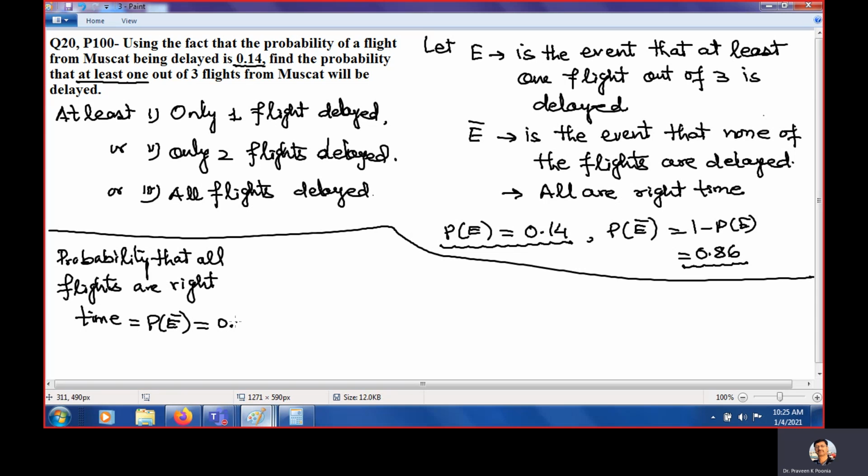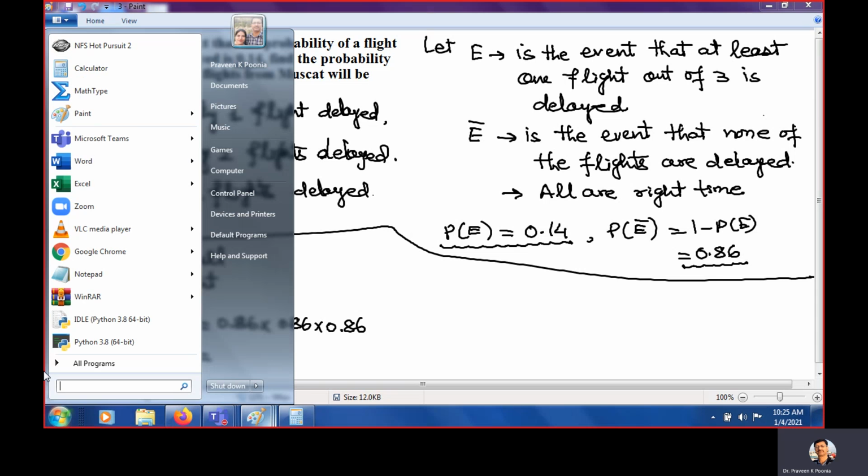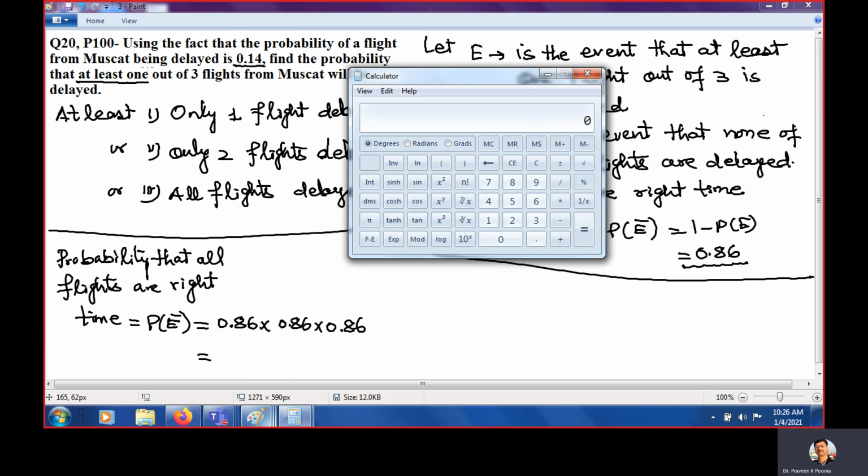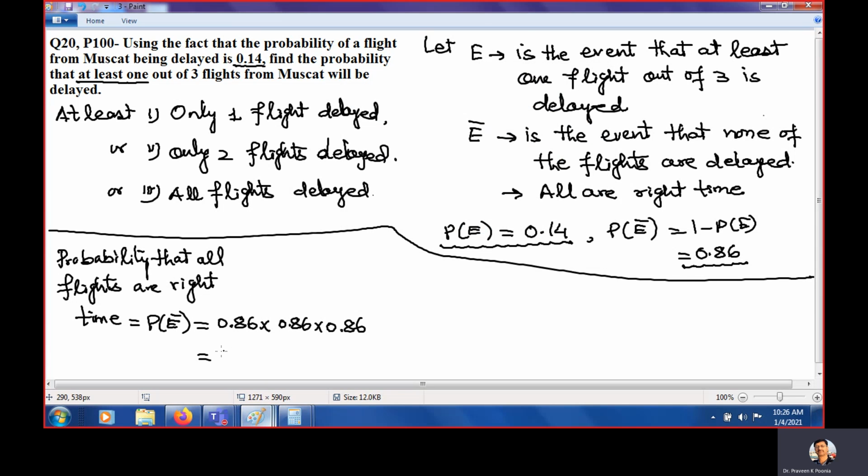So this is first flight, this is second flight, and this is third flight. So now you need to multiply this. 0.86 times 0.86 times 0.86. It is 0.636. You can take 0.64 approximately. Clear? So it is the probability that all flights are right time.